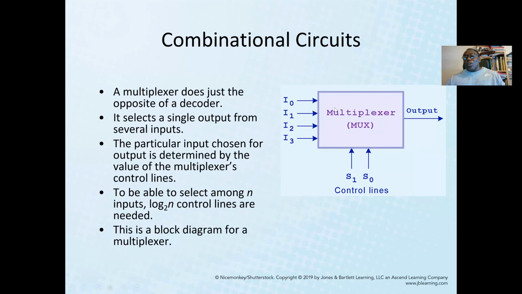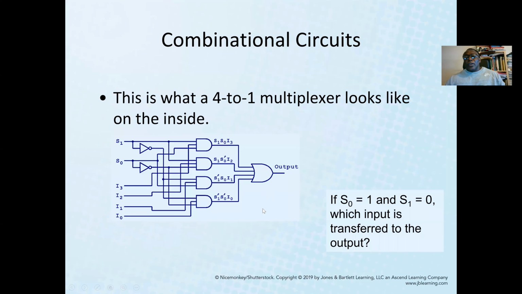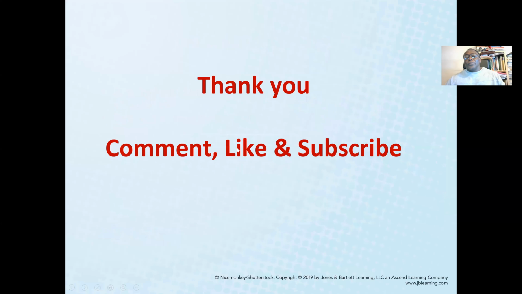So you can see that here we have more inputs with fewer outputs. With a decoder, we have fewer inputs, more outputs. So just the opposite. And this is a 4 to 1 multiplexer, which means we got 4 inputs, it gives us 1 output.